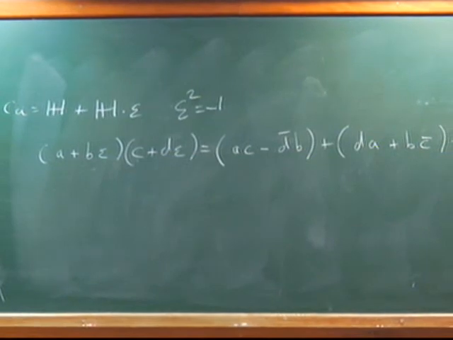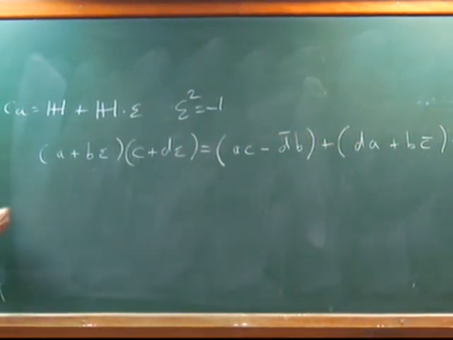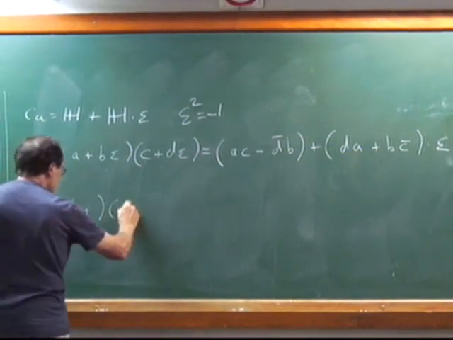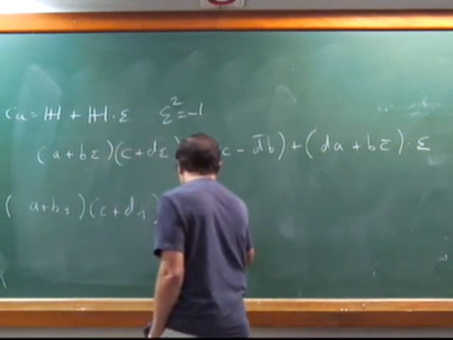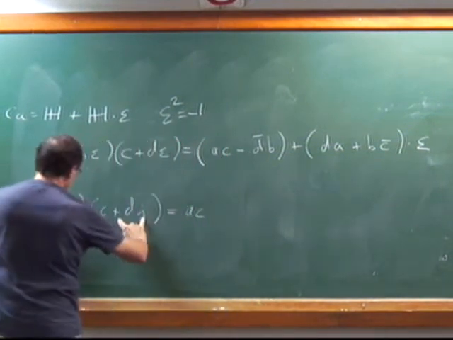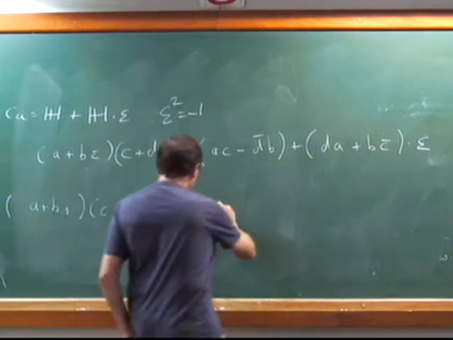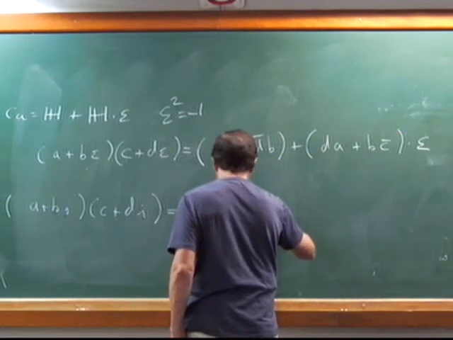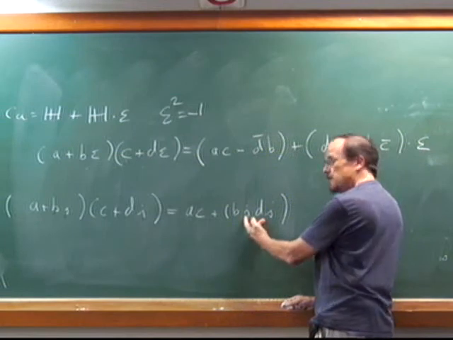Okay, that's what I claim. Let's just compare this. If I do this for the quaternions, A plus Bj times C plus Dj, what is it? That's AC. Bj times Dj: remember, I can switch them around, but then I have to conjugate.